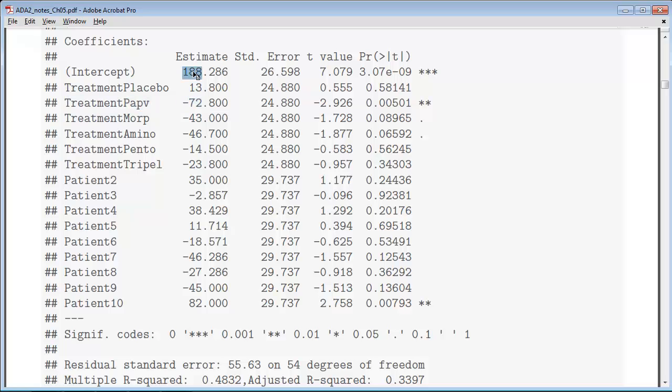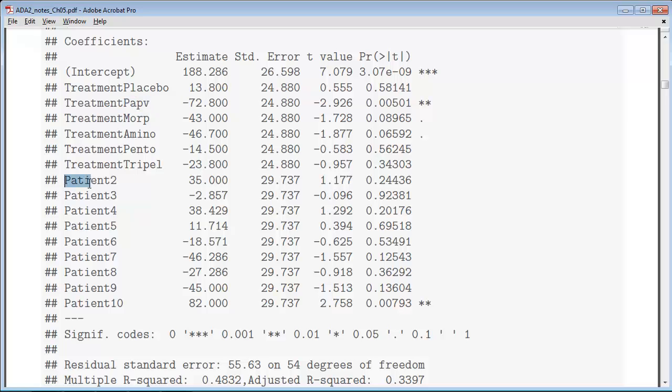So basically 188 plus 13, roughly 202 seconds, is patient 1 on the placebo. 188 minus 72 is 116, roughly, seconds is how long patient 1 itched on the PAP-V treatment.